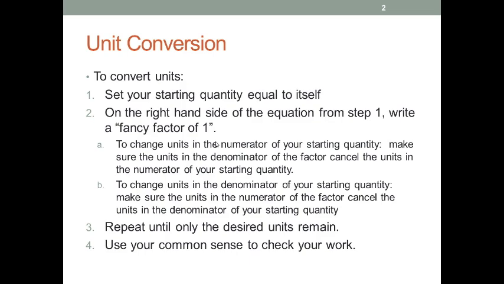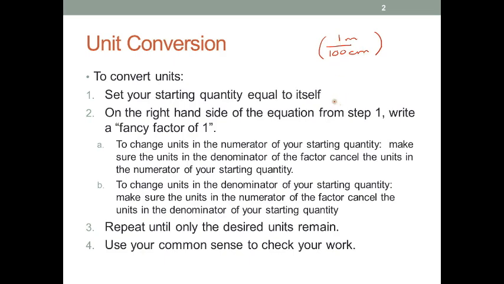So for example, if I want to convert from centimeters to meters, my fancy factor of 1 would be something that looks like 100 centimeters equals 1 meter. Now, because we know our metric prefixes, we know that those are the same distance, but it doesn't look the same.